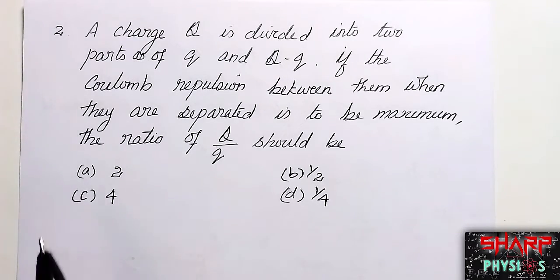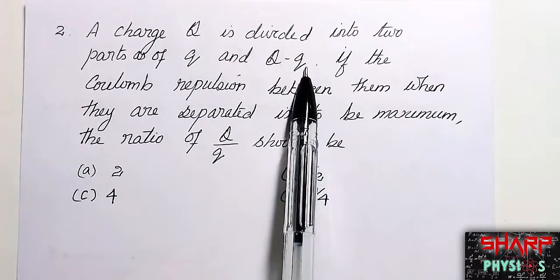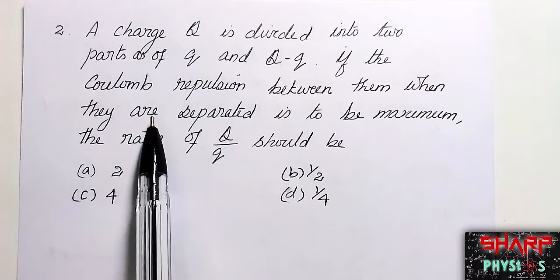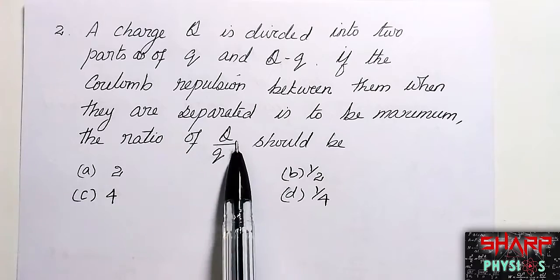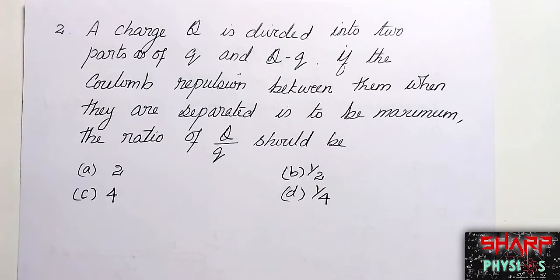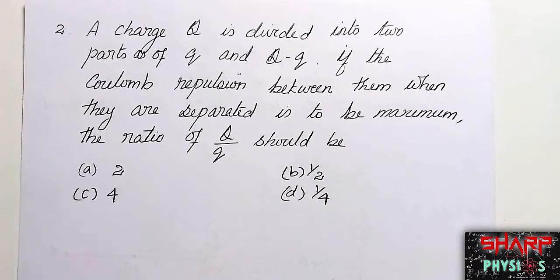So from this question, the charge Q is divided into 2 parts, q and Q minus q, and they are separated with maximum repulsion force, and the ratio should be Q by q. What is the answer? We have 4 options here.